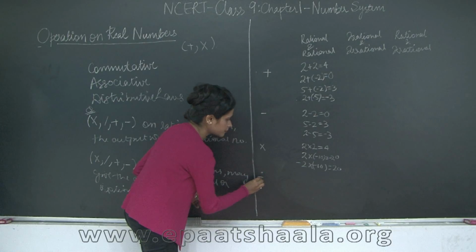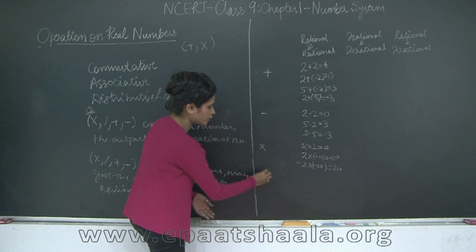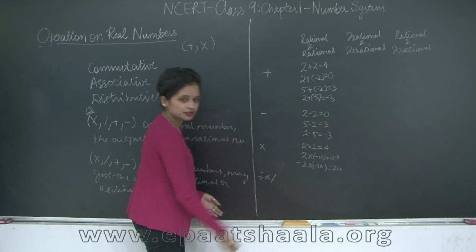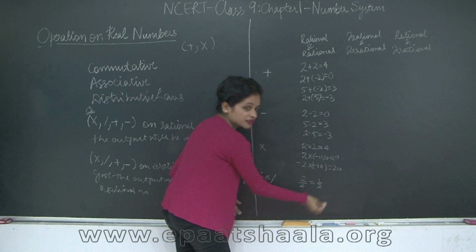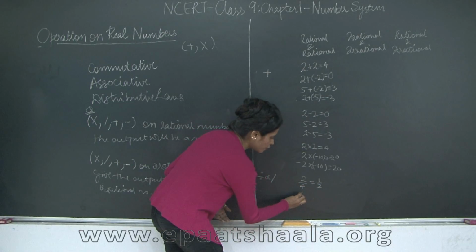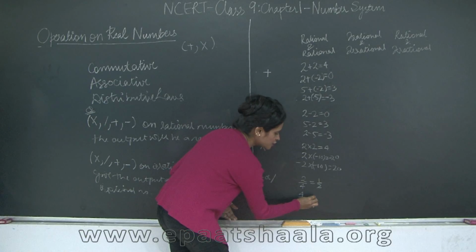How about division? Division is denoted by this or this. If I take 2 upon 4, it will give me 1 upon 2. Similarly, if I take 4 upon 2, it will give me 2.